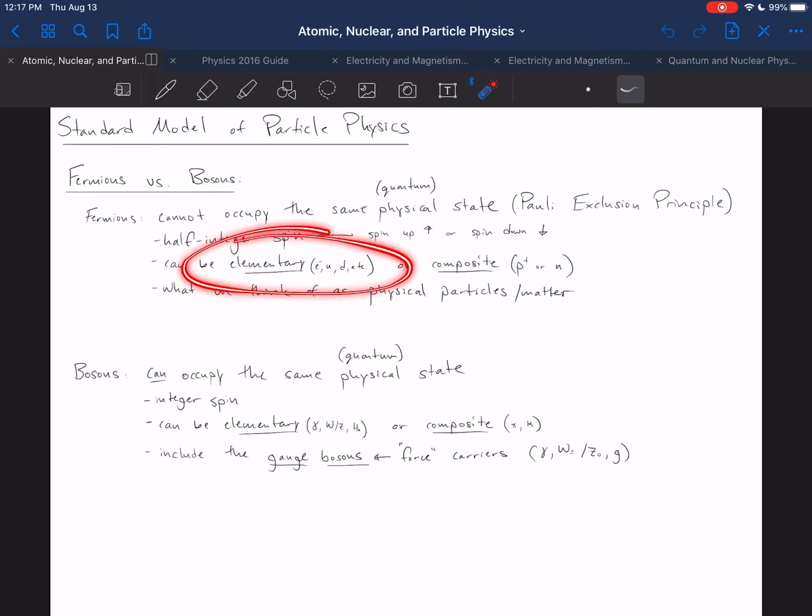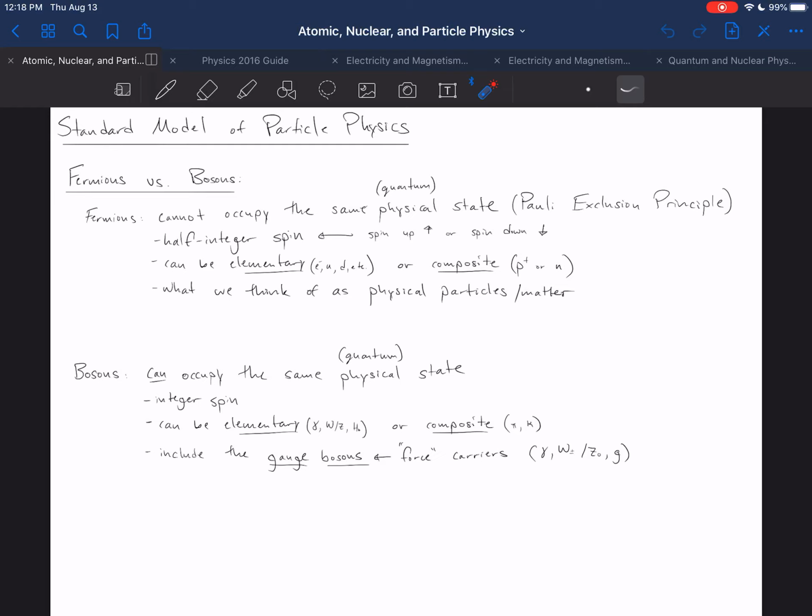So elementary or fundamental here means cannot be divided. It's the original atom, if you will. These are indivisible particles. There's nothing that they are made up of, and composite particles are made up of several particles.